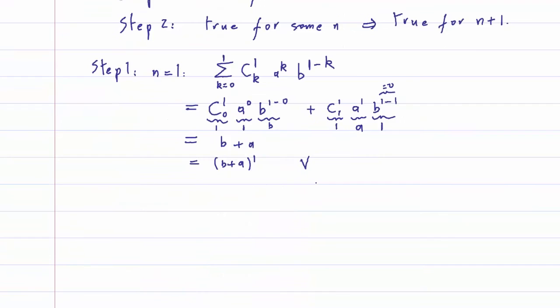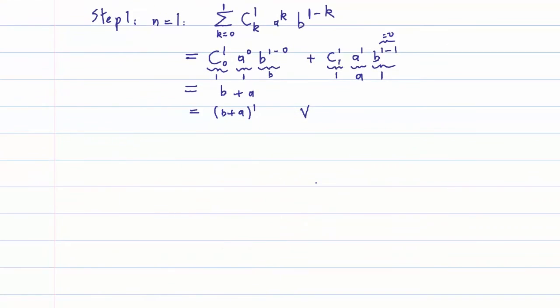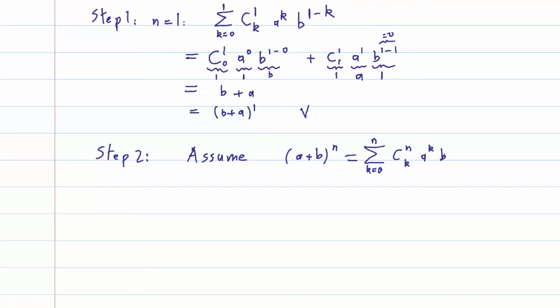Now we need to do step 2. So if we assume that what we need to prove is true for some n, so (a + b)^n equals the sum for k equals 0 to n of C(n, k) a^k b^(n-k).